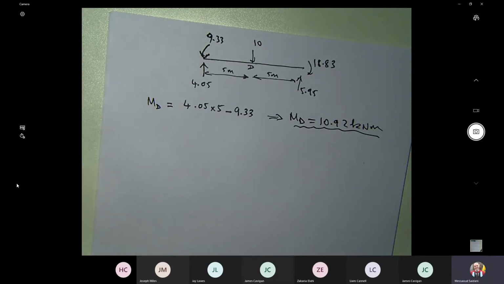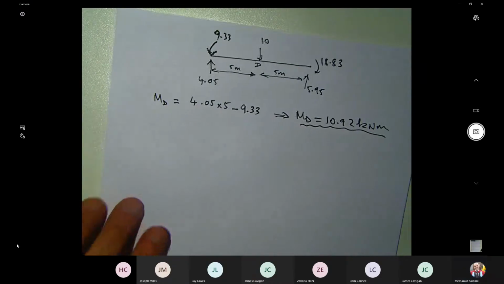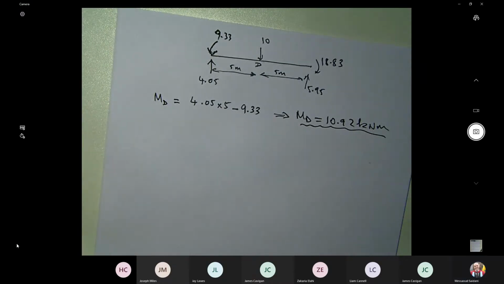How do we determine now the points of contraflexion here? These 2 points here. Am I going too fast, or is the pace okay? A bit too fast? Okay.